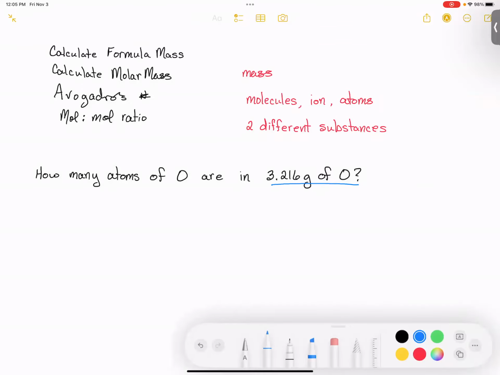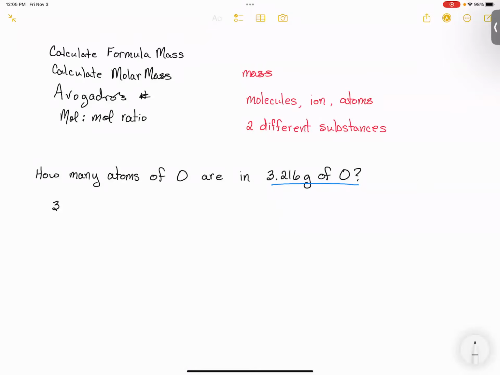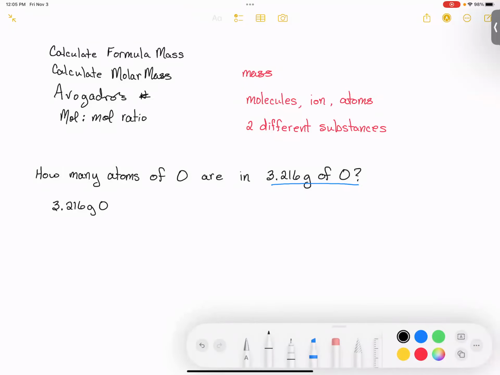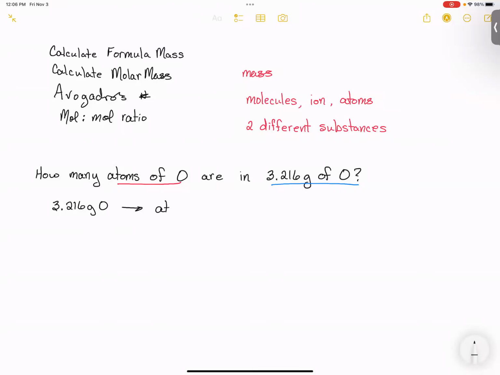In this case, we were given 3.216 grams of oxygen. You were asked for atoms of oxygen.